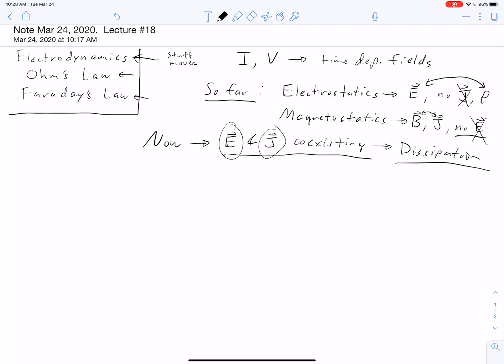So the first place to start here is to discuss Ohm's law. Ohm's law is the first manifestation of this new physics.